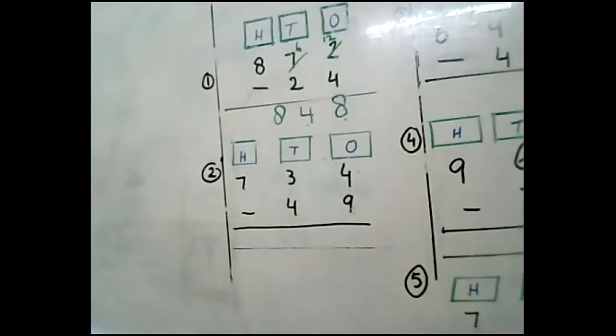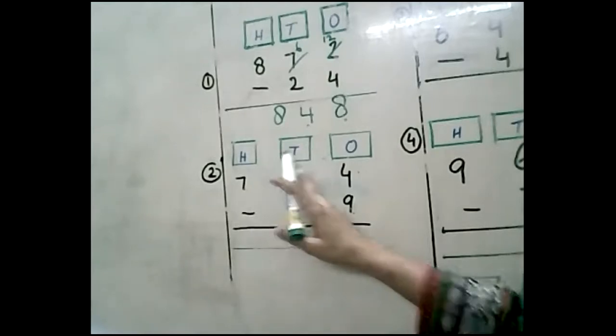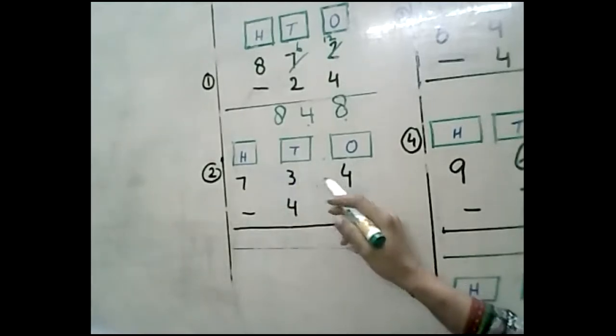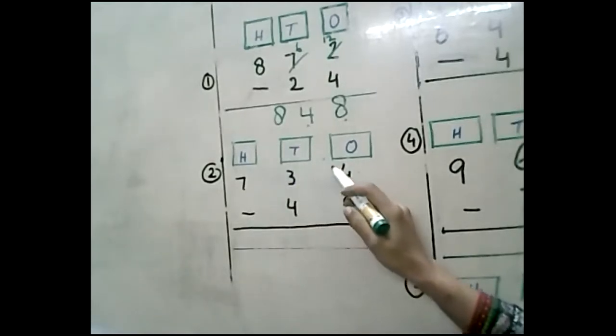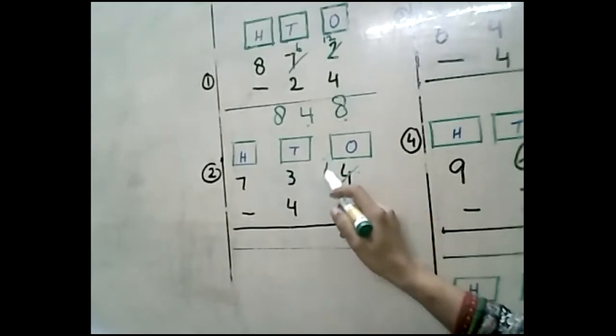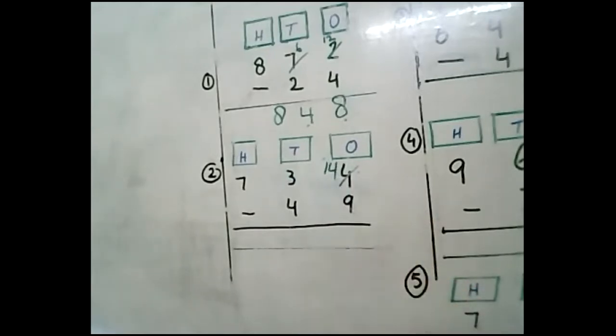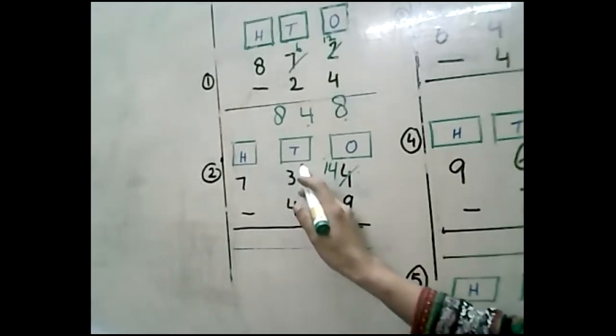No, we will regroup and we will take borrow from the next door 1 ten. So it will be 14. 14 minus 9. What will be? It will be 5. And there will be not 3, 2.